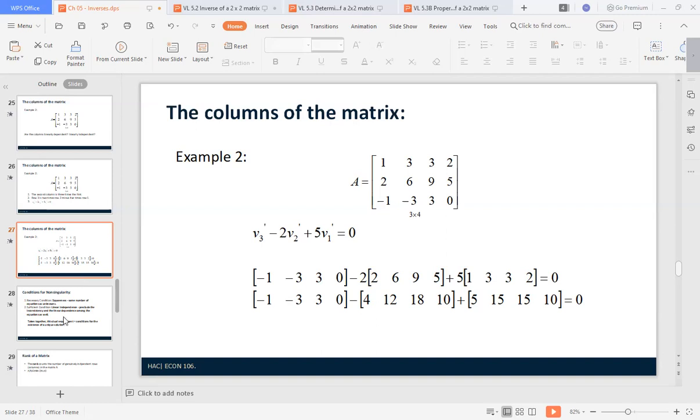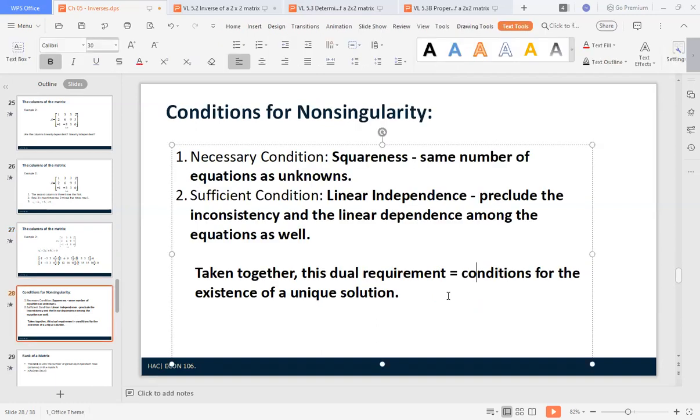Okay. So just to go back, for the conditions of non-singularity, when we say necessary condition, it means squareness. It has the same number of equations as unknowns. It is an n by n. That is a necessary condition, but it's not enough to say that you'll get an inverse of that matrix. The coefficient condition that is required is linear independence.